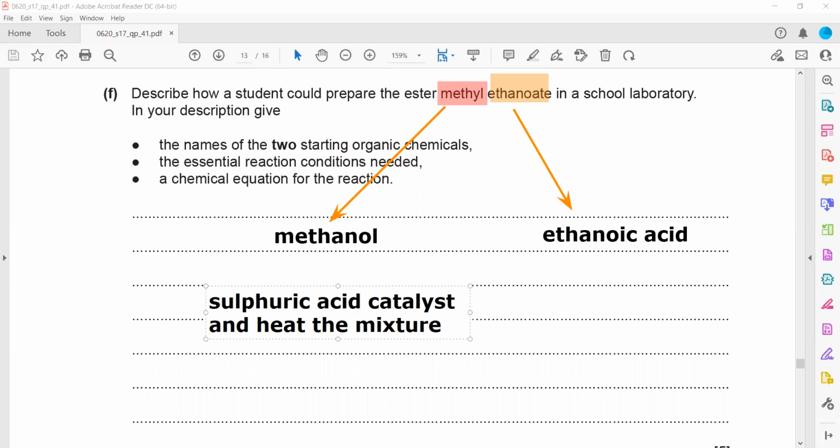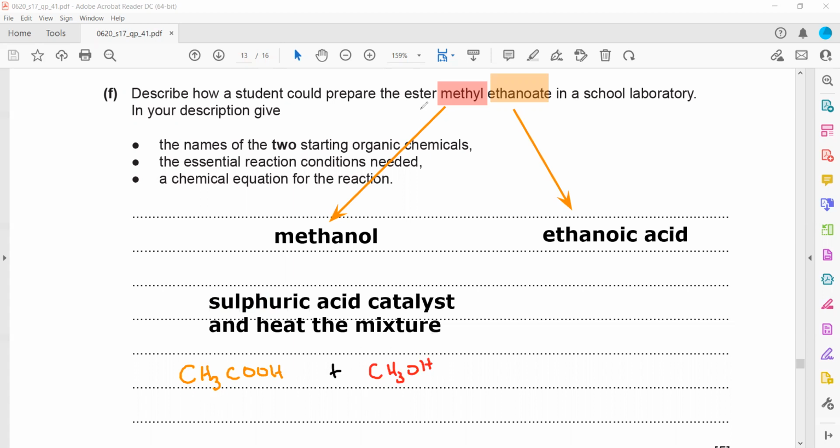Then we need a chemical equation for this reaction. For example, we have ethanoic acid, which is CH3COOH. And we have methanol, which is CH3OH.